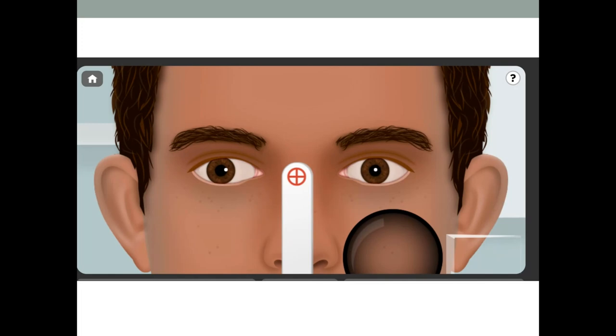Each millimeter of deviation is approximately equal to 7 degrees. So assuming that the pupillary diameter is about 4 millimeters, the temporal border of the pupil is about 15 degrees. And if it falls on the limbus, we say it's about 45 degrees. So there it falls on the limbus, and that's at 45 degrees.